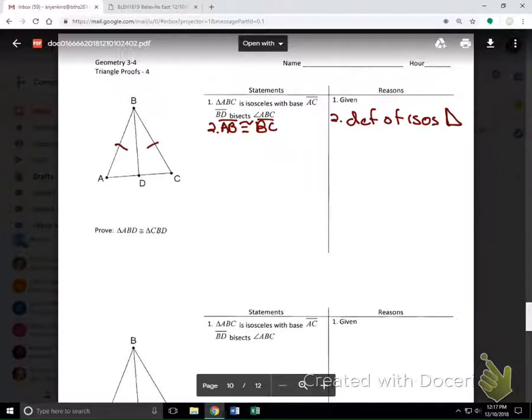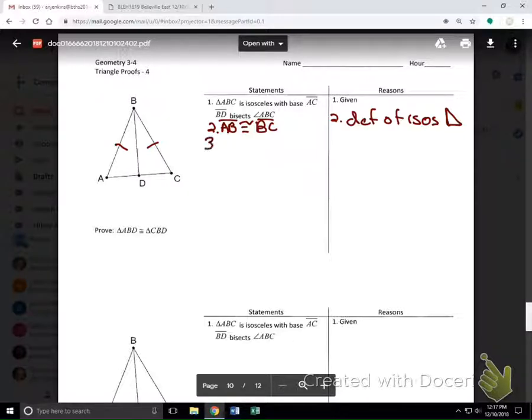Okay, our next part is we have to use the second part, that BD bisects angle ABC. What does it mean to bisect and what do we have to show? On that sheet I wrote down, it tells you if something is bisecting an angle, we have to show the two angles are congruent.